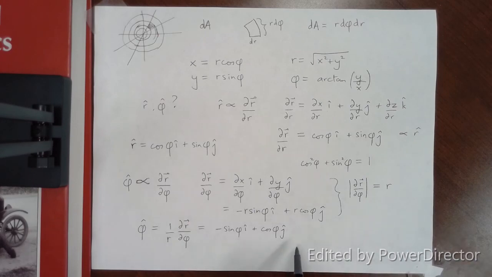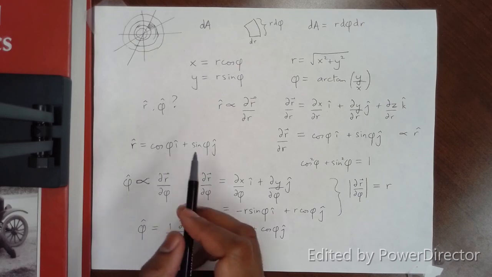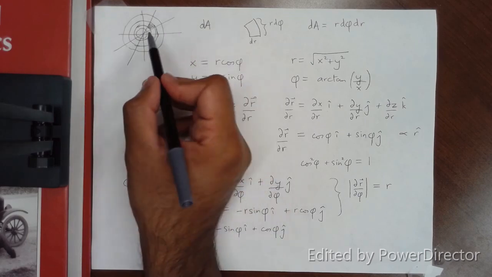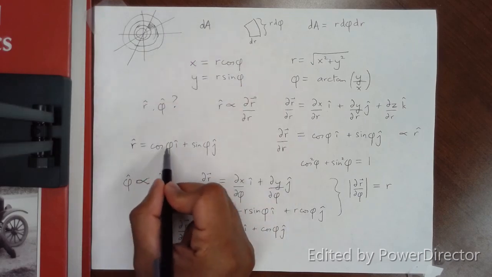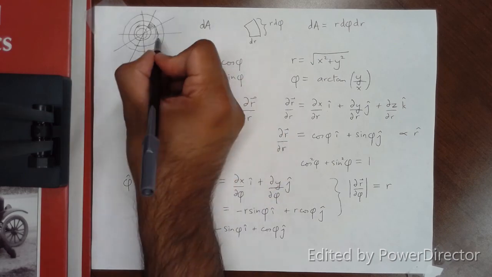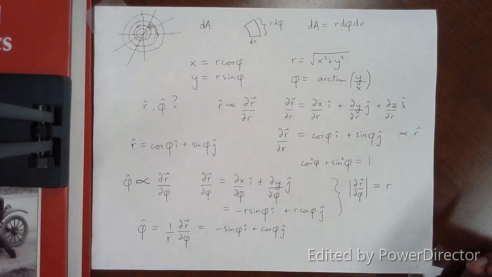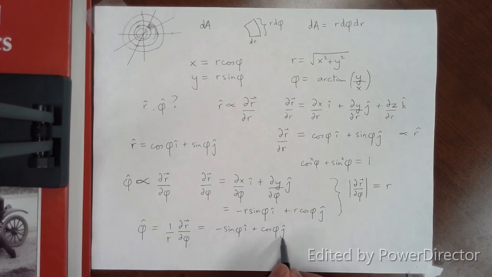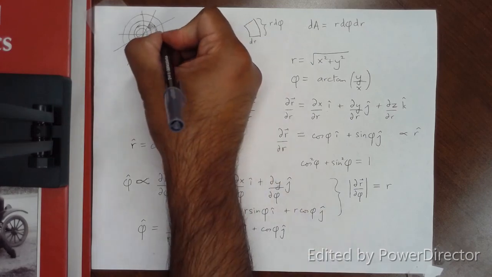We can check if these expressions make sense by checking a few simple cases. When phi is equal to 0, we see that cosine of 0 is 1, sine of 0 is 0, and so r hat points in the i hat direction, which makes sense. Similarly, when phi is equal to 0, phi hat will point in the positive j hat direction. Yes, that is correct.